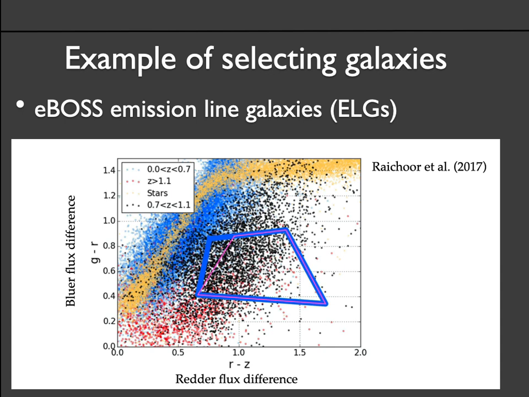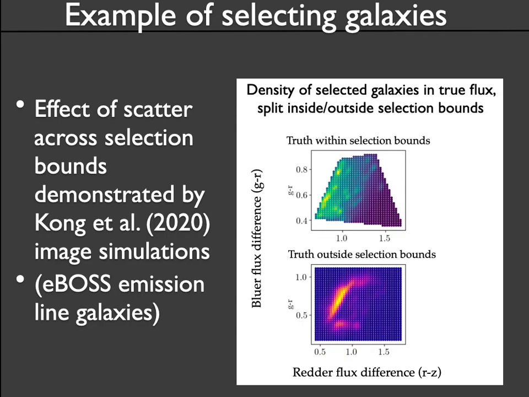And so in order to model this, we start turning towards simulations, and we look at the actual scatter, and you can see here for EBOSS that the greatest scatter is along this particular color cut here on the left-hand side, and those galaxies scattering in are faint galaxies at lower redshift.